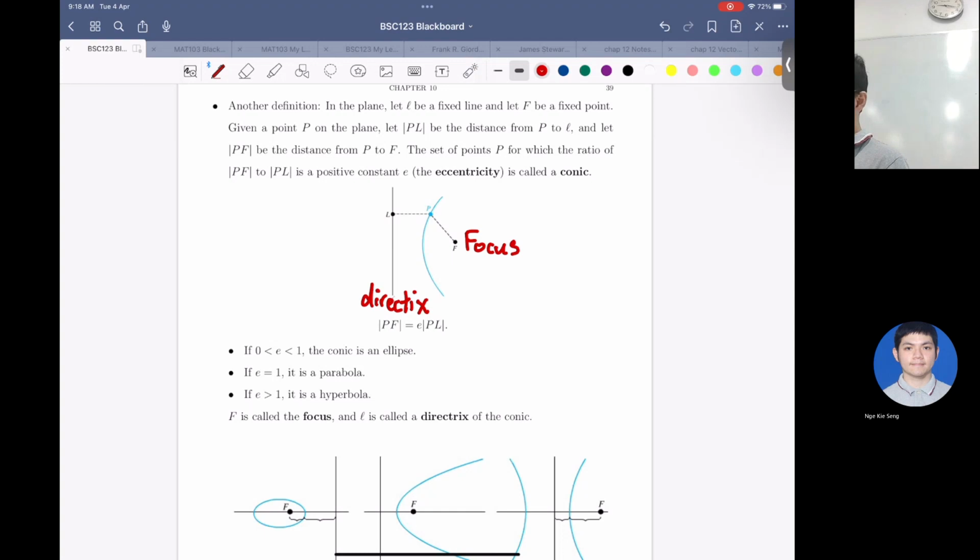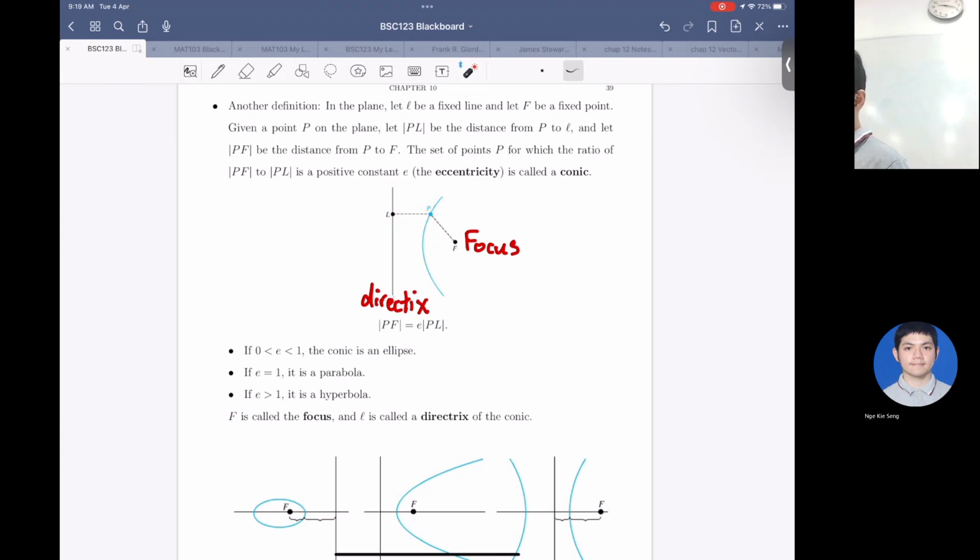So we measure the distance from the focus point to the point on our parabola, ellipse, or the hyperbola. And then this will have a ratio between the distance from the point on the curve to the directrix.